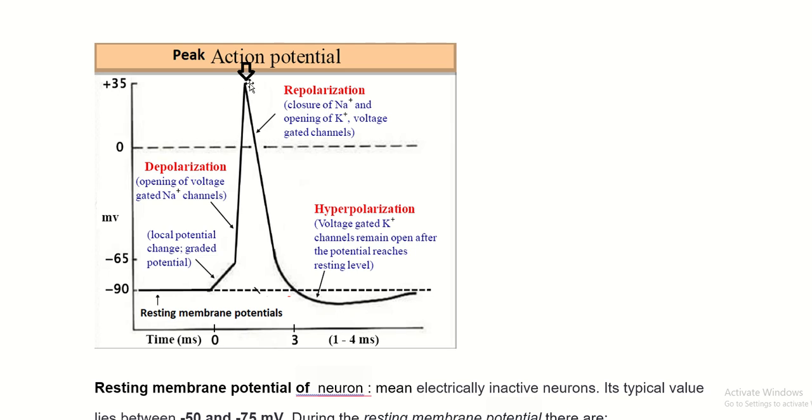After it reaches a peak, this is the peak action potential. When it reaches the peak action potential, the positivity decreases. This condition is known as repolarization. When it's more negative than the resting membrane potential, this condition is known as hyperpolarization.